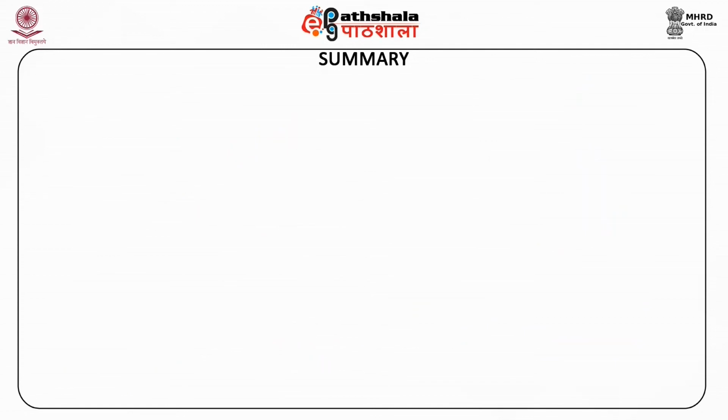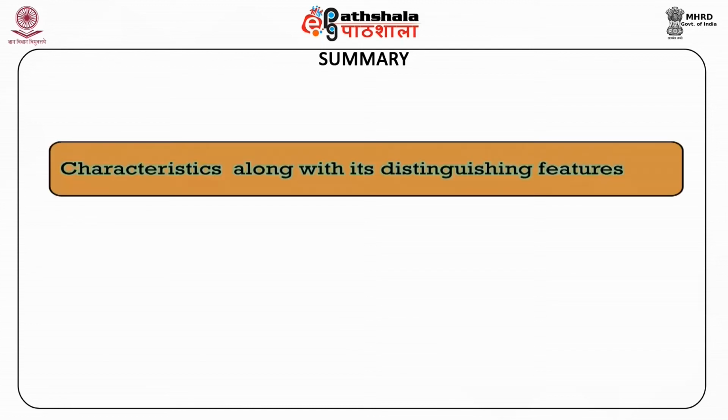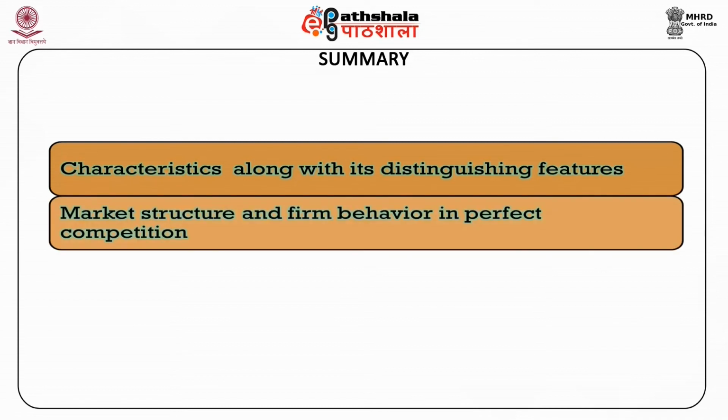This module would have helped you in understanding the concept of perfect competition and its various characteristics. We have learned about the structure of the market in the case of perfect competition as well as the behavior of firms in this market. This helps in distinguishing perfect competition from other market structures.